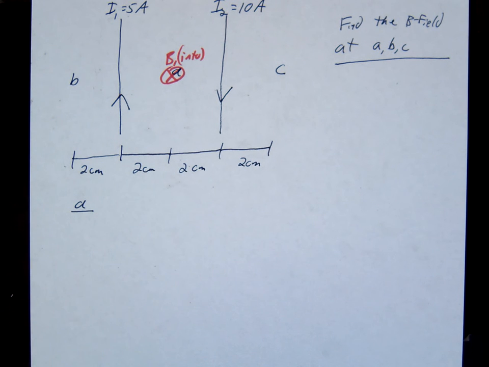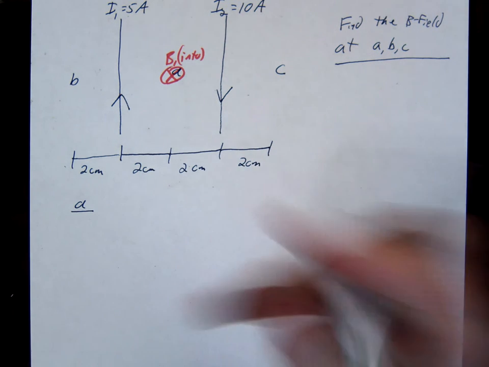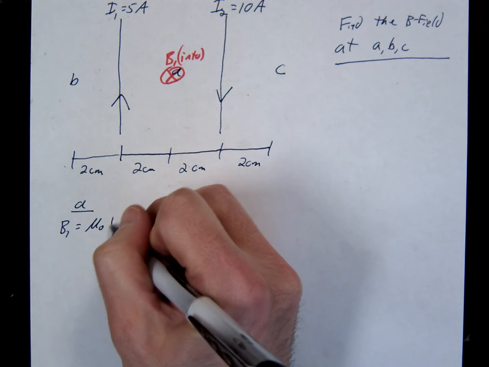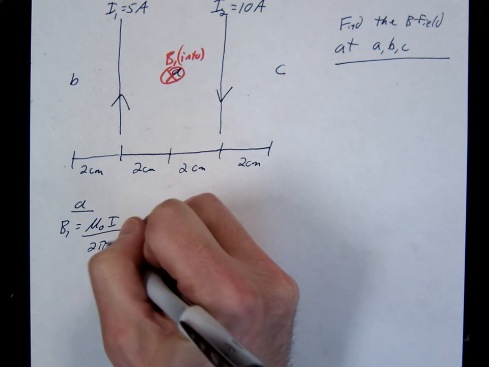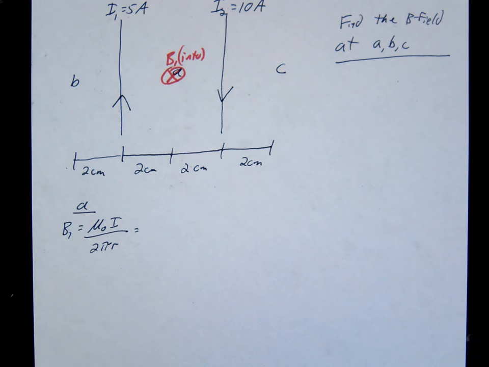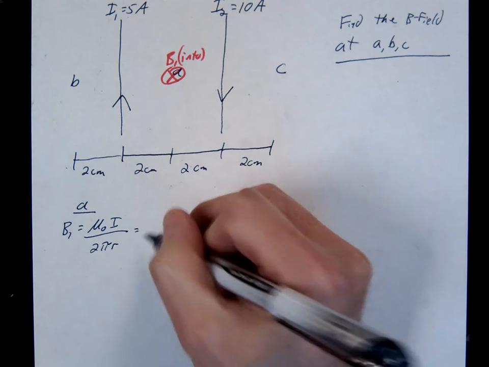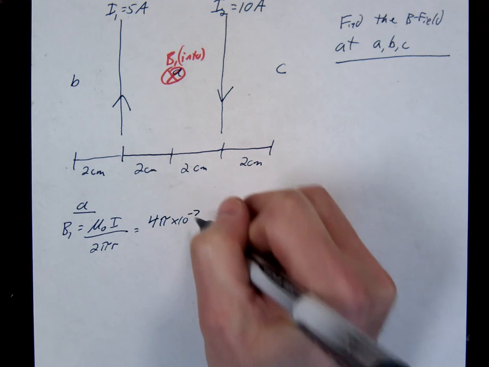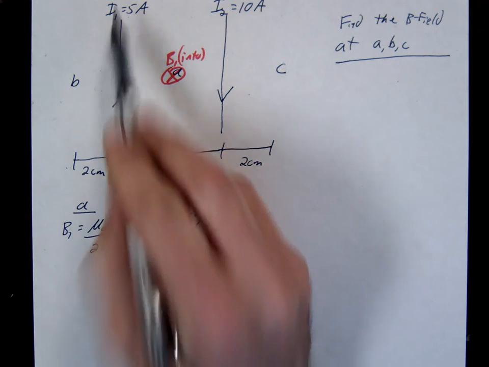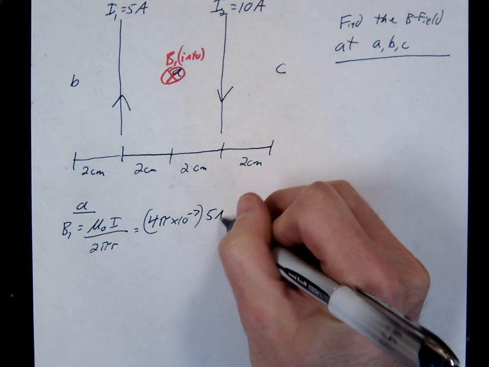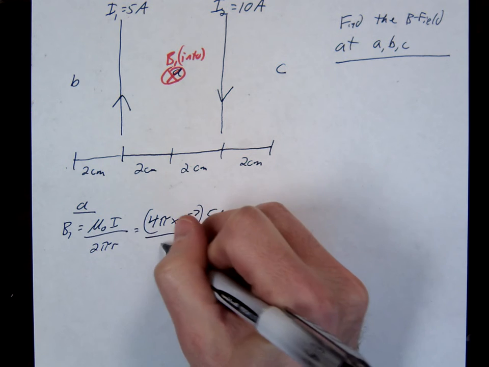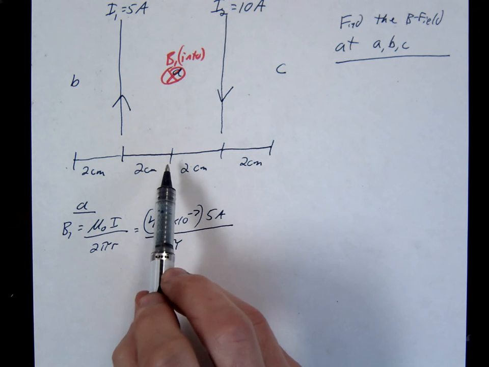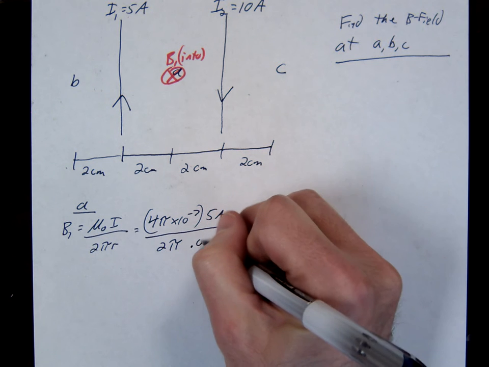So let's go ahead and calculate the value of that. We're just going to use our equation we just learned, mu naught I over 2 pi r, where mu naught is 4 pi times 10 to the negative 7th. I is the current through wire 1, which was 5, divided by 2 pi, and the distance away is 2 centimeters, so we'll put 0.02.